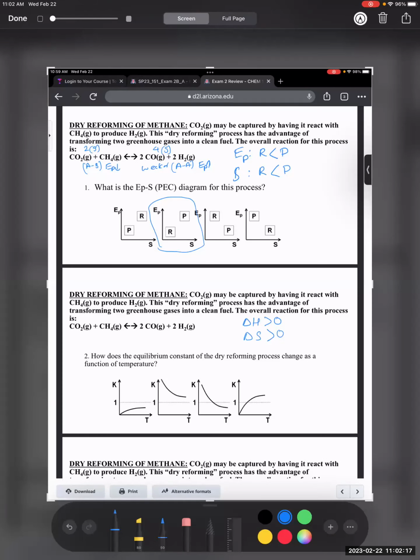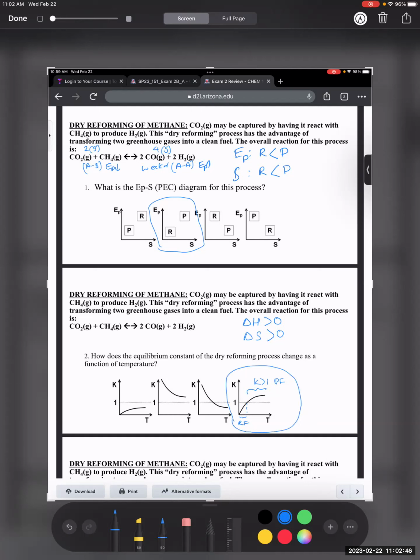Therefore, K must be less than 1 at low temperatures, and at high temperatures, K is greater than 1, meaning product favored in that region. So that should be your graph for that.